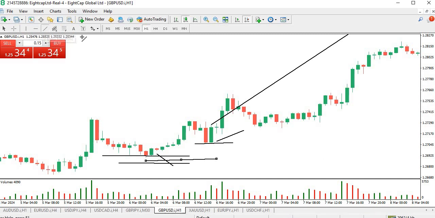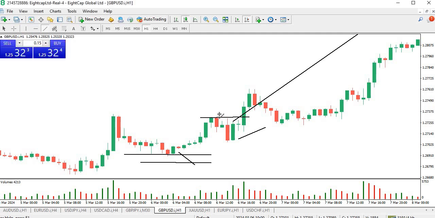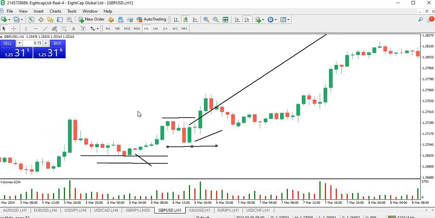So that was the first area where we should take the entry, and this area, which is the high of the pattern, is the second area. Let's say this area. While taking entry at this point, we should have placed our stop loss below the handle area, and you can see it was less likely to be triggered. So how much profit should we target once the pattern is formed?